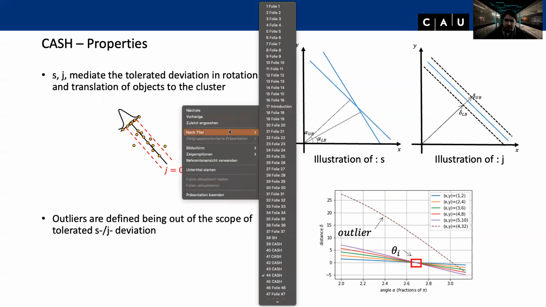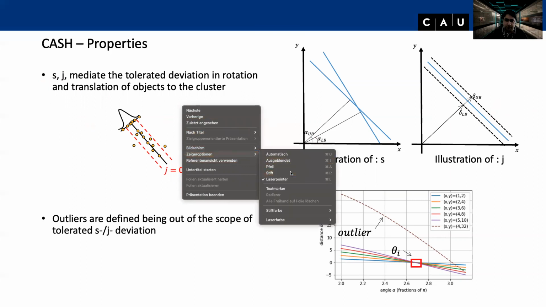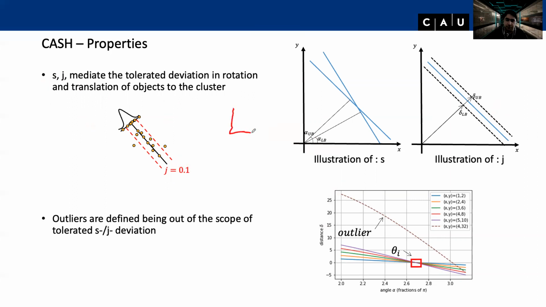So just to sketch it here, if you recall, you have this half space. If you say you have one bisection, it means that you are tolerating this much deviation. If you have two bisections here, then you would tolerate less deviation, something like this.